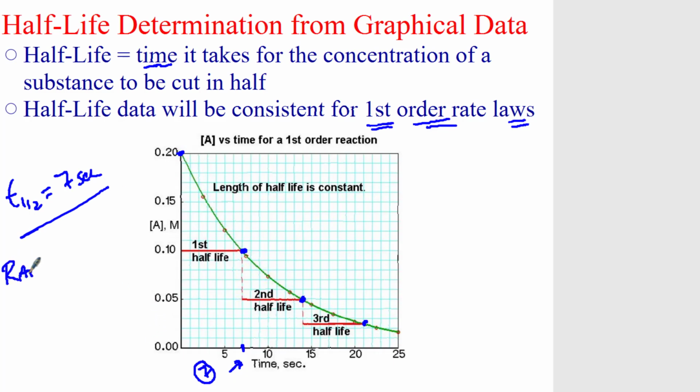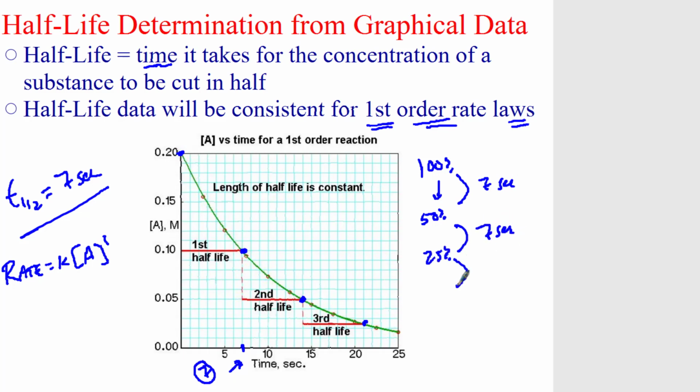And we know this is rate is equal to k times whatever concentration is to the first power, because it is a first order rate law. The half-life is consistent. It's going to go from 100% down to 50%. And for this reaction, it takes 7 seconds. To go from 50% down to 25% takes 7 more seconds. To go from 25% to 12.5%, it takes 7 more seconds.